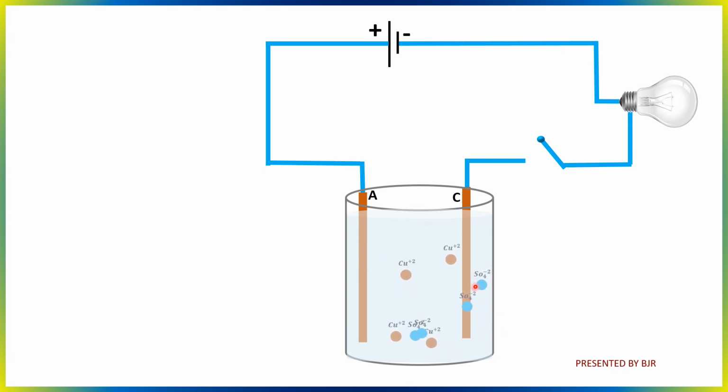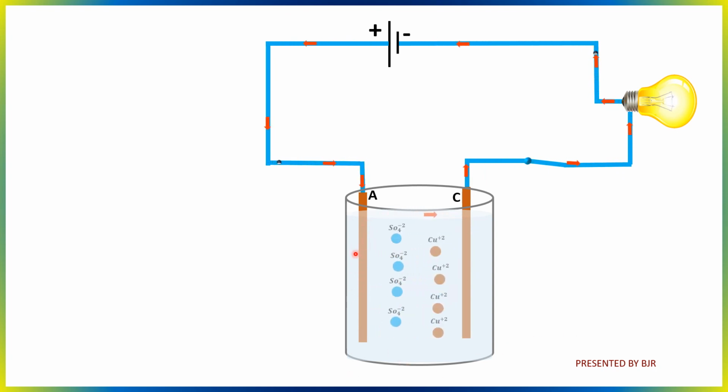In this situation, current is not there in the circuit. Now let us close the circuit by means of the tap key. See here. Here the bulb is glowing. What is happening here?